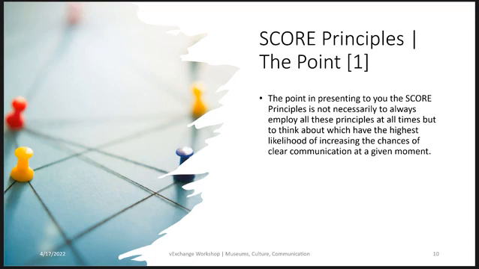The point in presenting to you the SCORE principles is not necessarily to always employ all these principles at the same time, but to think about which have the highest likelihood of increasing the chances of clear communication at a given moment. For example, imagine you are trying to explain a complex process to a colleague located across the globe, and you realize that he or she is struggling to understand all the components of the process.